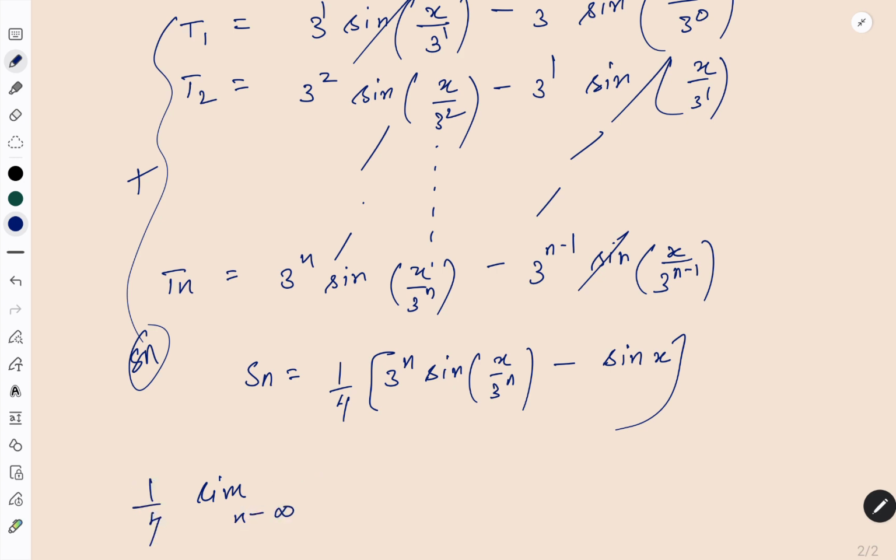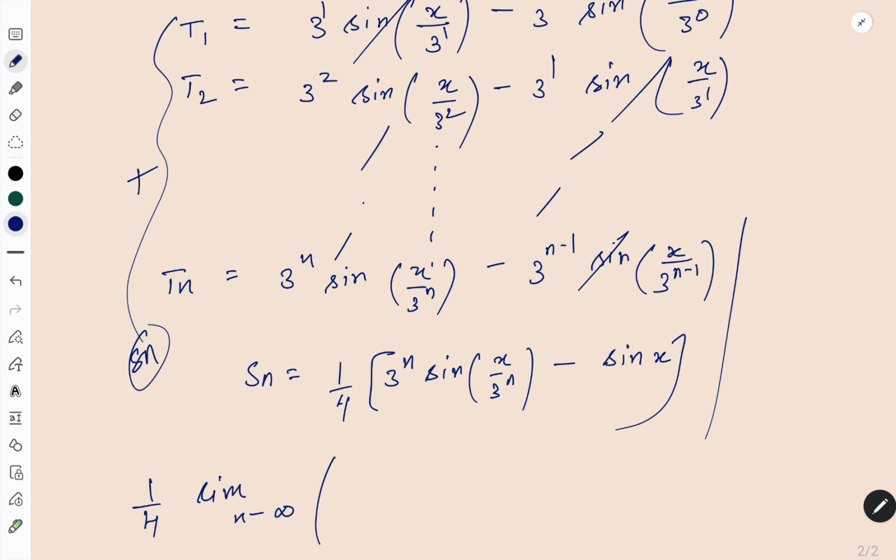I can take 1/4 outside my limits, and then if I see this angle here, this angle is tending to 0, and so that makes me use the concept sine x over x equals 1 when x is tending to 0.